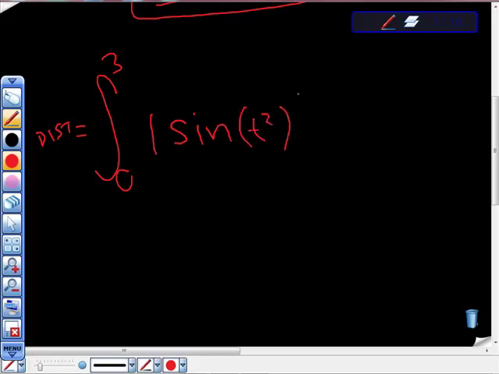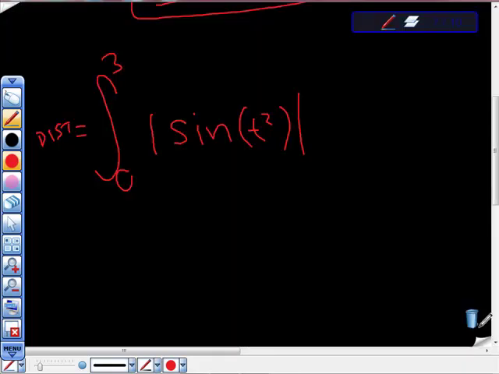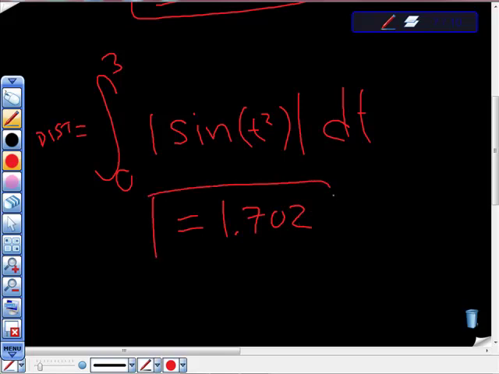We're using absolute value because our particle is moving up and down along the x-axis, making a wave, so we need to take that into account. Sorry, I forgot to put dt. So that's our formula, and that equals 1.702. This is all done in a calculator, guys, so make sure you put it in a calculator. That's our total distance traveled.